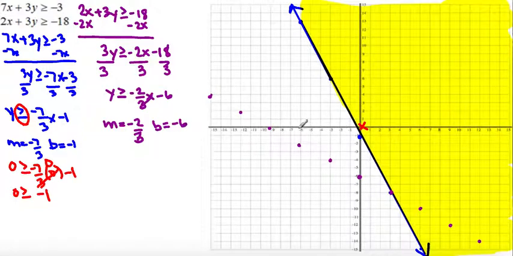Alright, and then my line, since it's greater than or equal to, the line is part of the solution, so I draw a solid line.